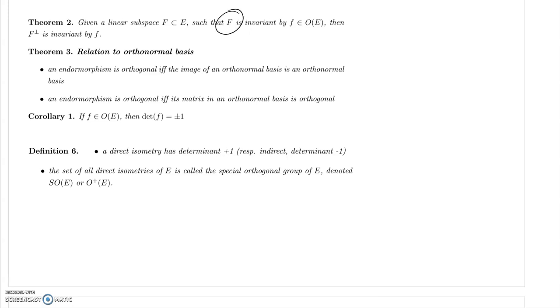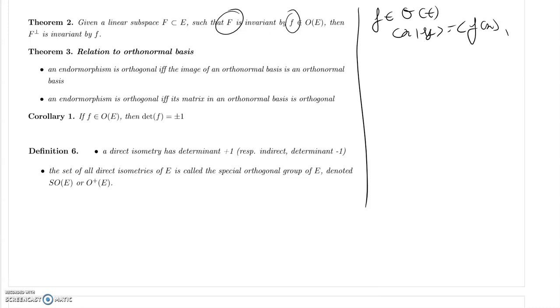Capital F is invariant by the small f in O(E). So what do we have? First of all, f belongs to O(E). It means that for all x and y, ⟨x, y⟩ is equal to ⟨f(x), f(y)⟩. That should be sort of a reflex for you when we say f belongs to O(E).